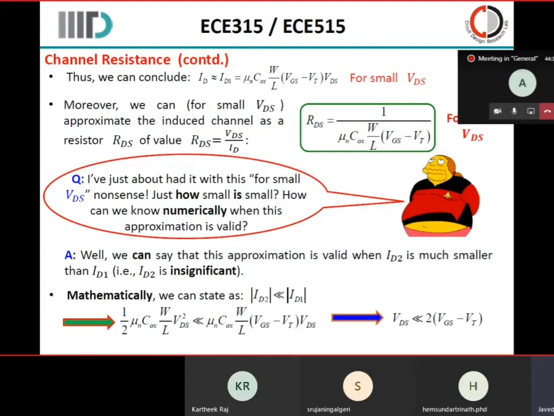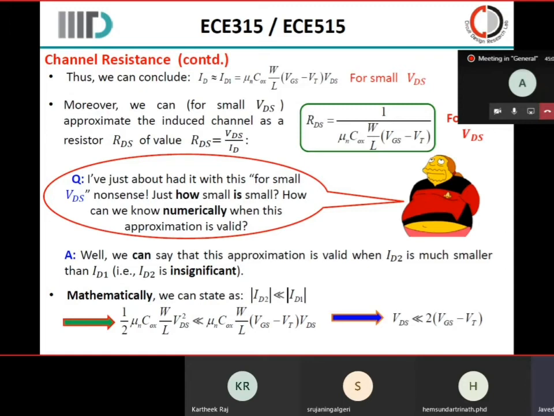This is typically a question that I used to get when I was introduced to this in my engineering days. Like, okay, you say small. So how small is small? That is what I used to ask. There used to be a relative answer saying that small is when ID2 is insignificant.